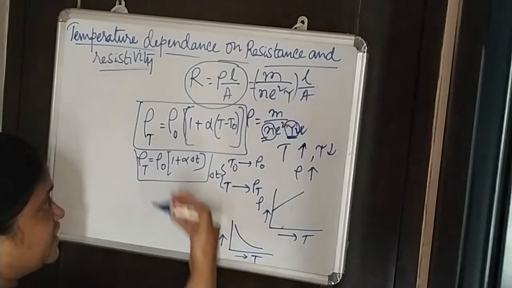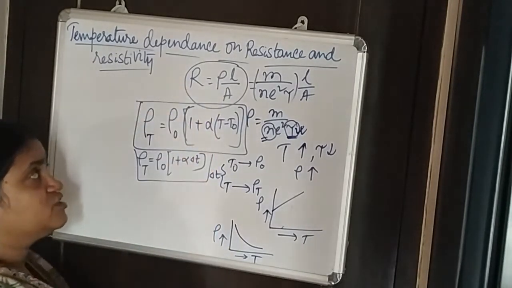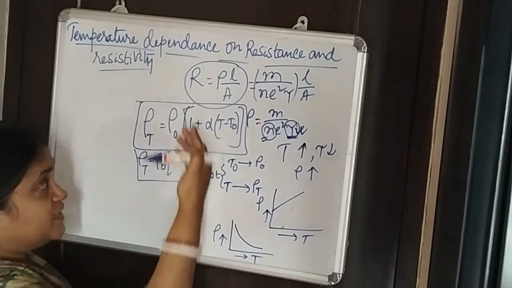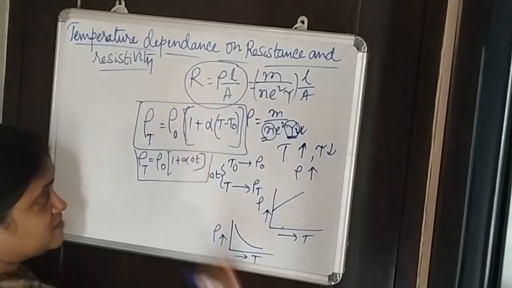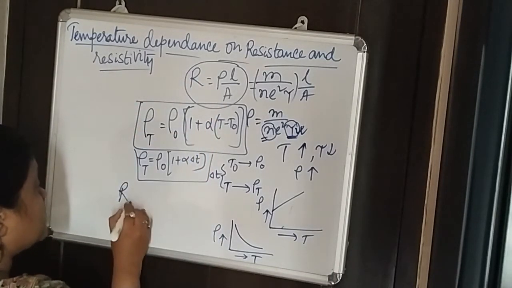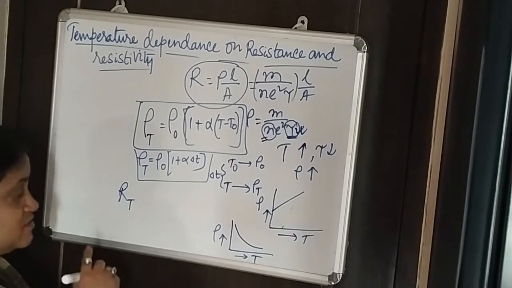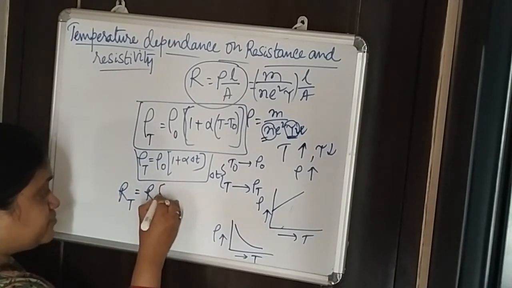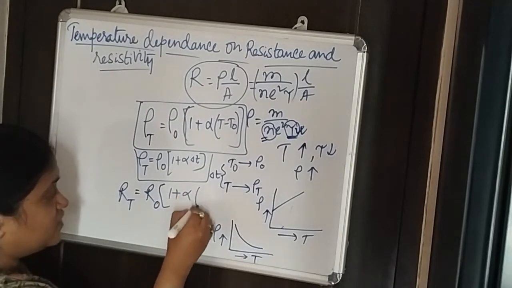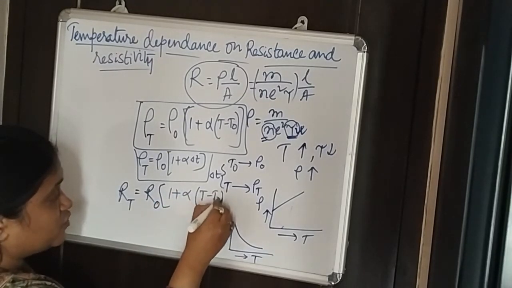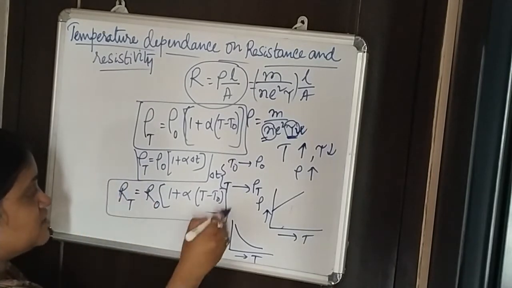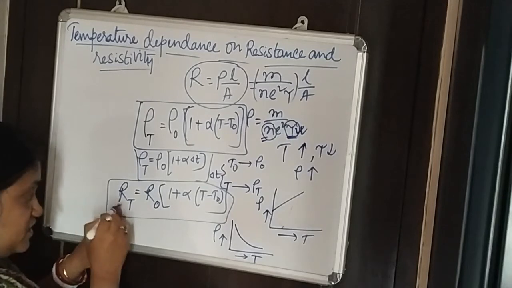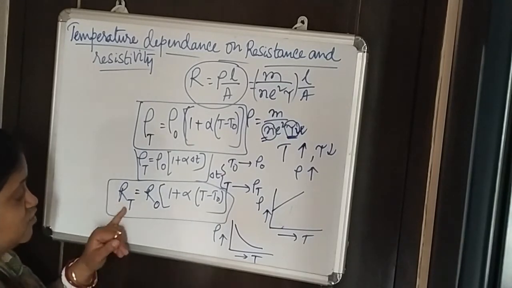There is a similar expression which is given to explain the dependency of the resistance on the temperature. Suppose at temperature T I want to find the resistance of a certain material, which is given by R naught into 1 plus alpha into T minus T naught. R T is the resistance at temperature T, which I want to find.